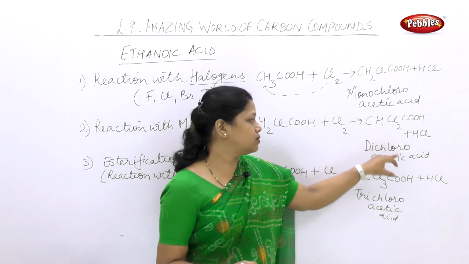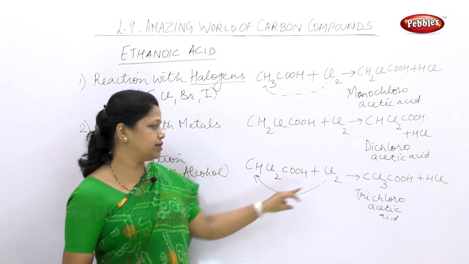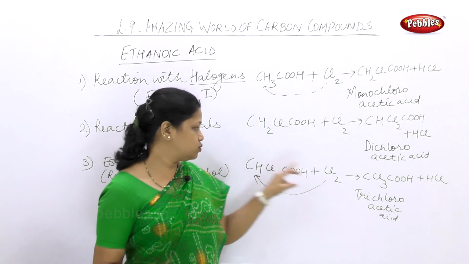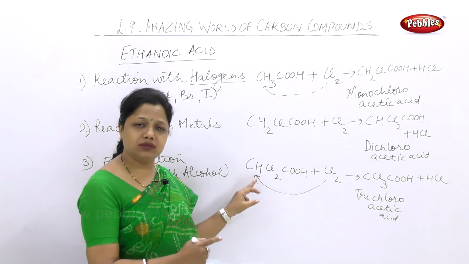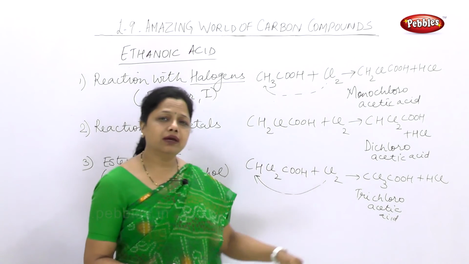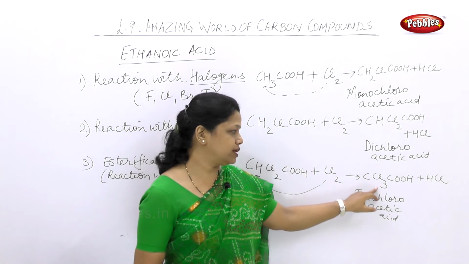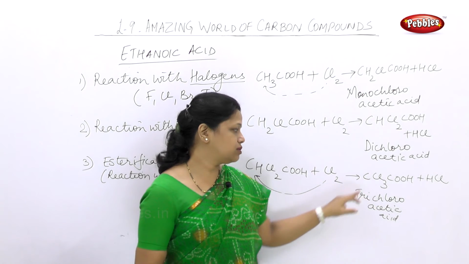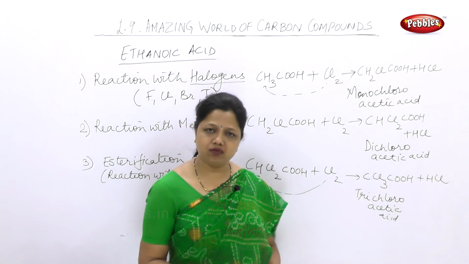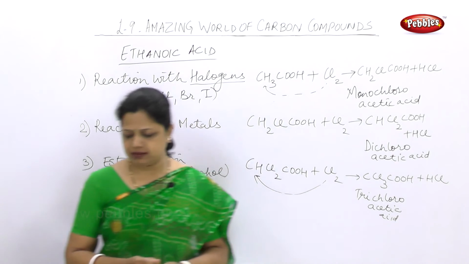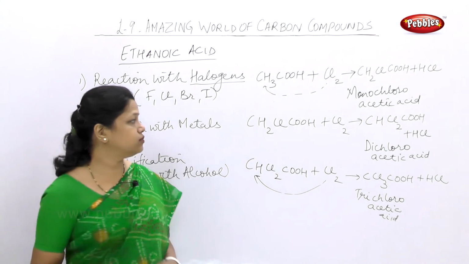Now if this dichloroacetic acid is continuously reacting with chlorine, so this lone one hydrogen left, that hydrogen will be replaced by chlorine. So instead of di, now tri, because we can see here 3 chlorine. So trichloroacetic acid is formed along with hydrochloric acid. This was the reaction with halogens.